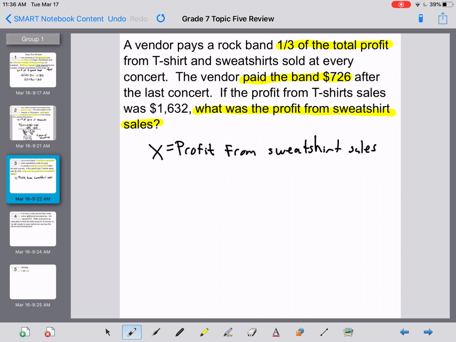To make this easier, I'm going to turn that part into a mathematical equation. So we have 1/3 of the total profit is going to equal 726 because that is what the rock band was paid.